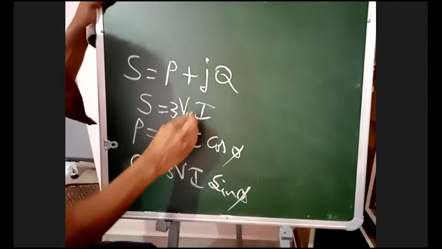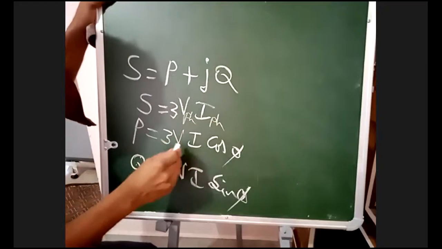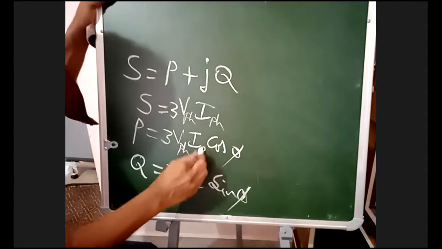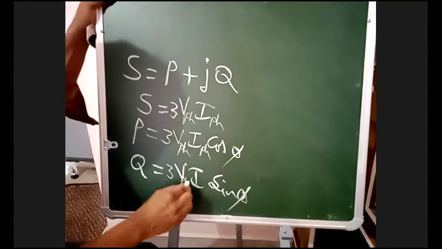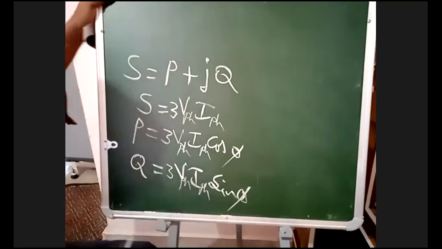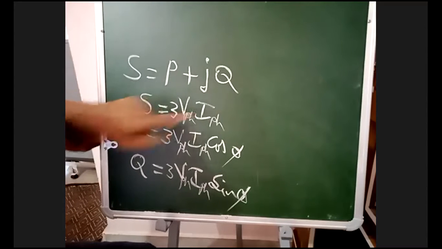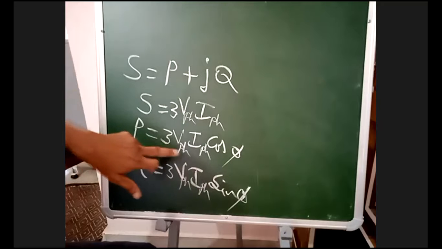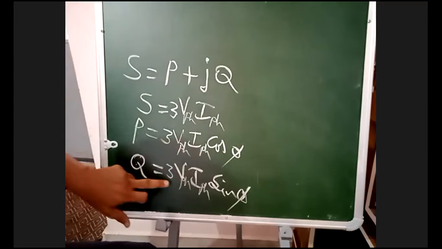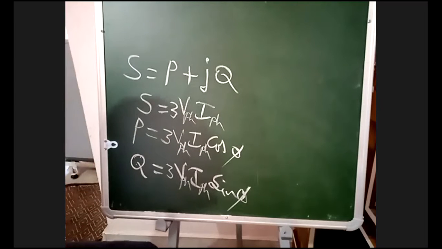This is V phase, I phase. Three phases we are having. Write down these formulas. For three phase, S is equal to 3 into V phase I phase, P is equal to 3 into V phase I phase cos phi, Q is equal to 3 V phase I phase sin phi. For three phase star connection and delta connection, these are the formulas.